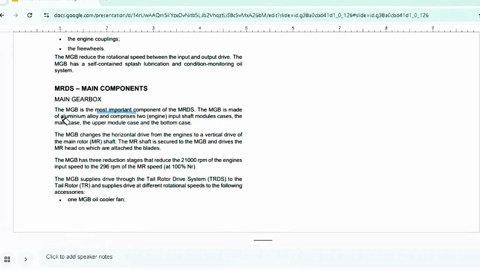The MGB is made of aluminium alloy and comprises two engine input shaft module cases, the main case, the upper case, and the bottom case. The MGB changes the horizontal drive from the engine to a vertical drive of the main rotor shaft. What does that mean?